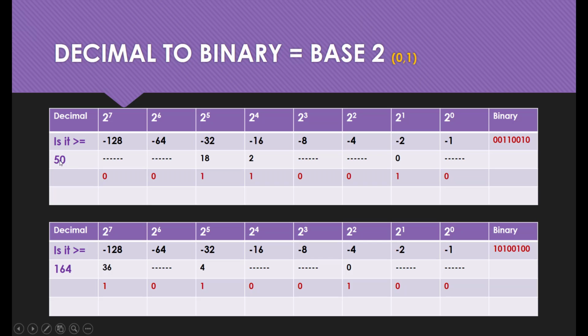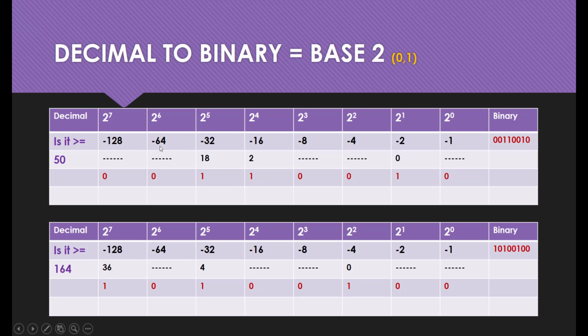But we can see that 50 in the next column is greater than 32. So since it's greater, we put 1 here, which represents true, as a yes. Then we take the operation and say 50 minus 32 will give us the remainder 18.